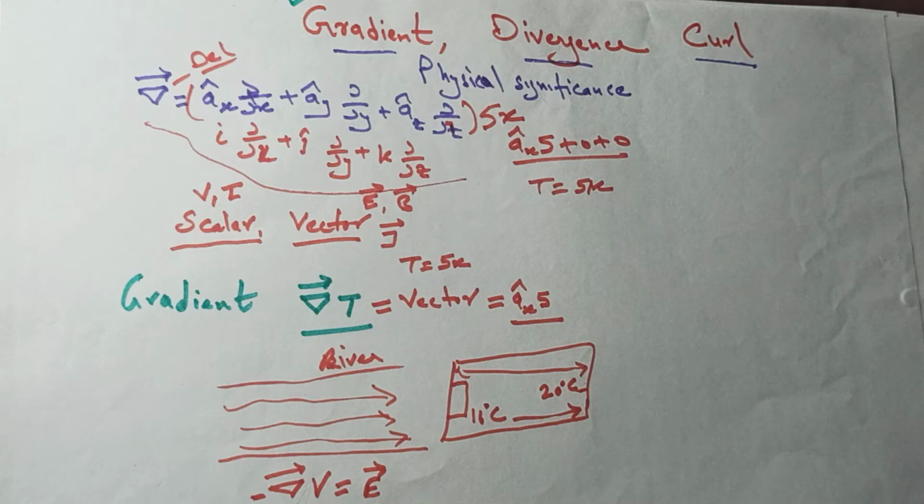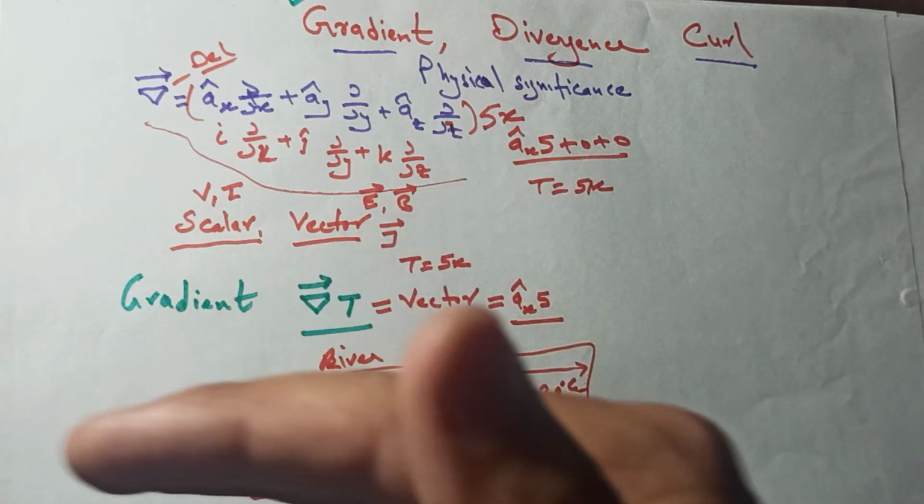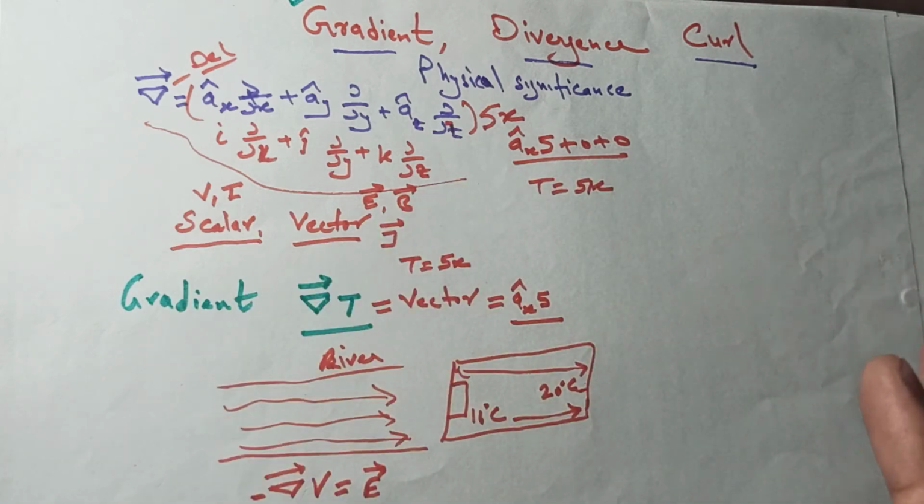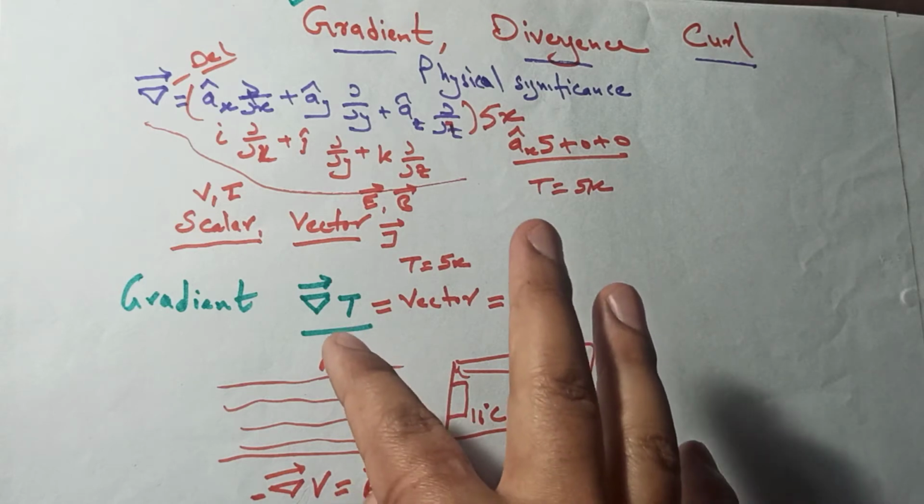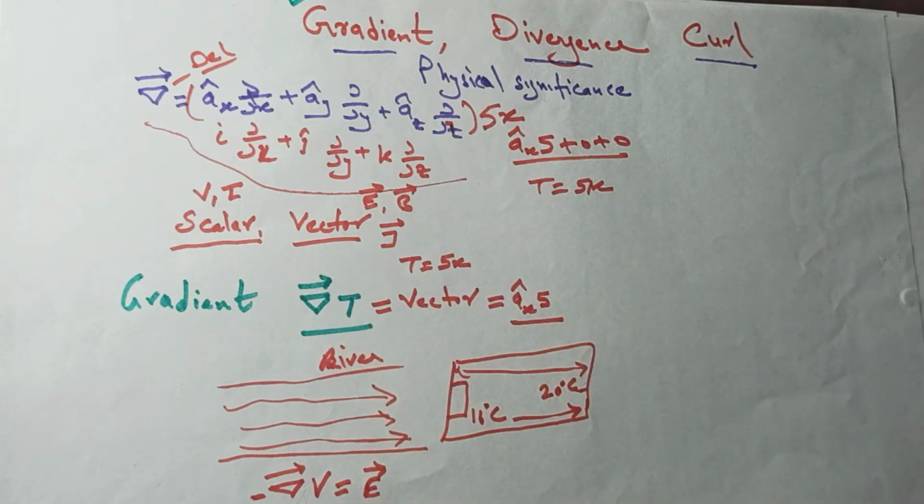So remember this: when you need to find the maximum rate of increase or maximum rate of decrease of any scalar quantity, then we will take a gradient. It is a simple multiplication of del with that scalar quantity, and the output will be a vector quantity. Wherever you find a gradient in mathematics, you just apply this, because it is everywhere.